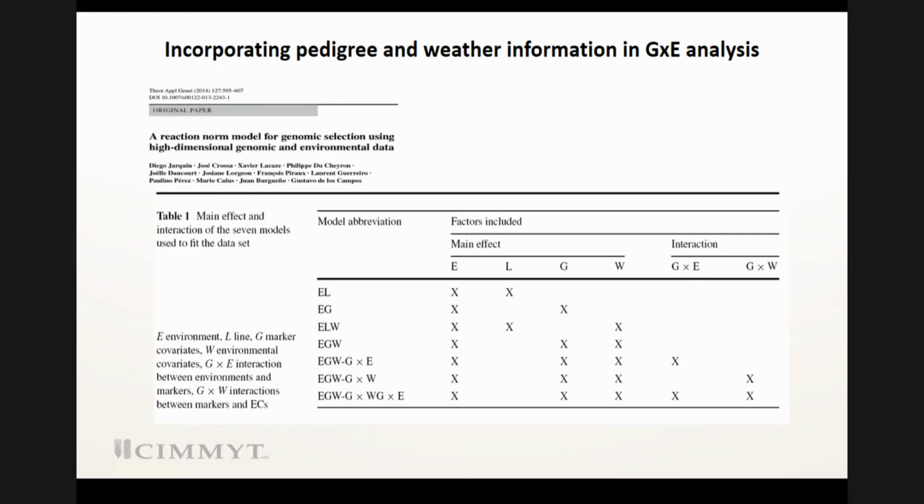So this will be able to help me to dissect all of these G by E patterns, have a clear picture, a clear understanding of what is going on. And I think this will be very useful for the breeding team.